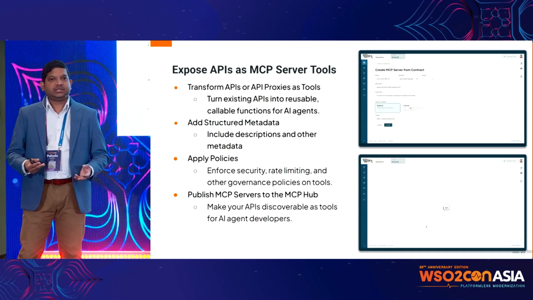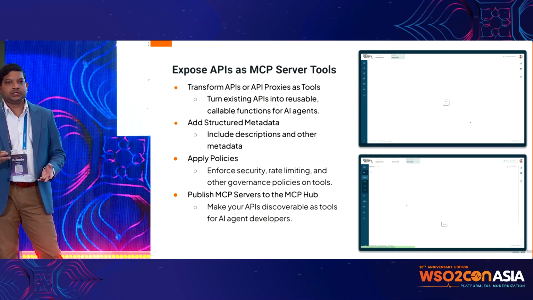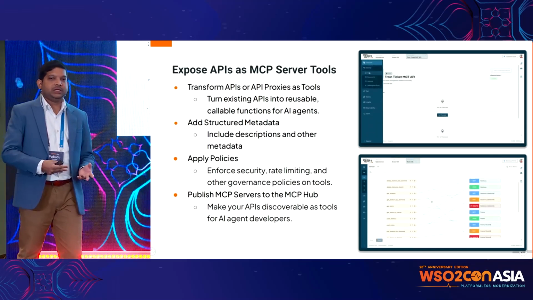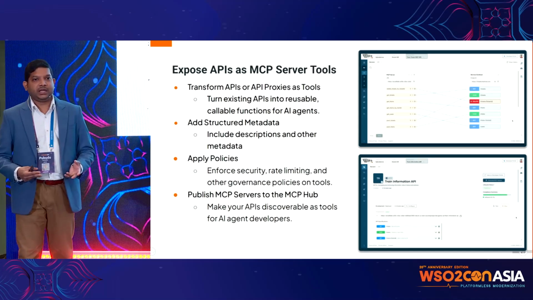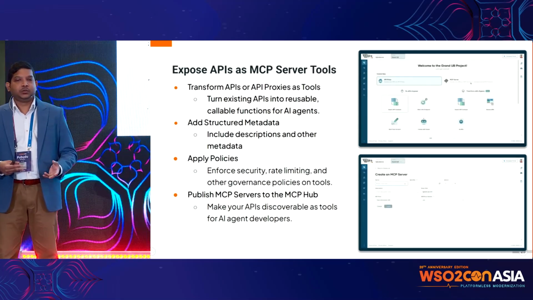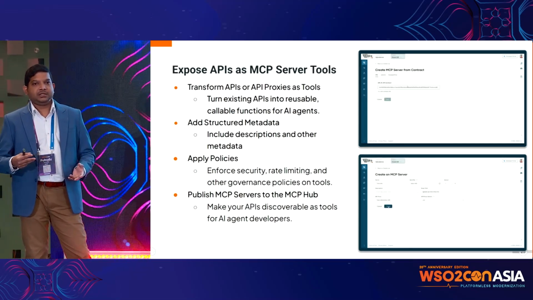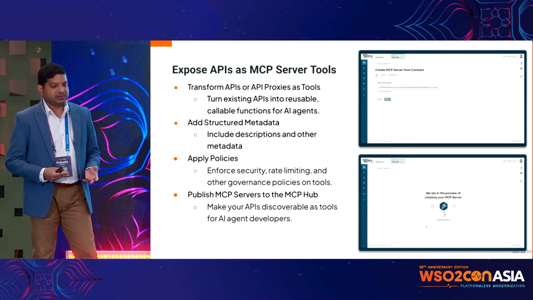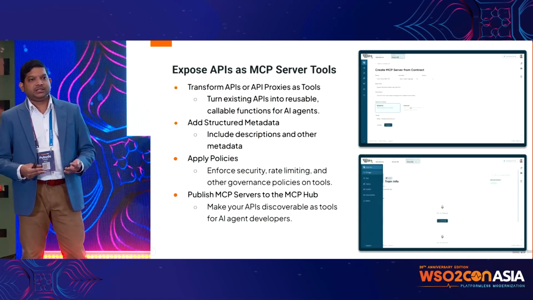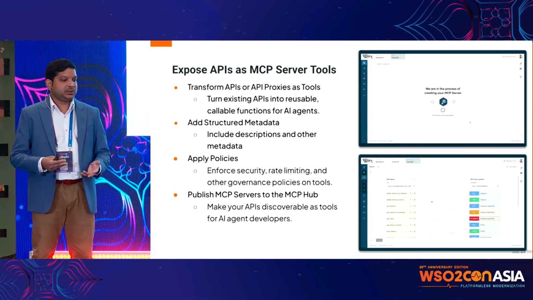These descriptions are very important, because they will be used by AI agents to understand what this tool is doing and how it is functioning. So you have to add these descriptions to the MCP server so that AI agents can discover its usability. And then you can apply different policies like security and rate limiting for these MCP servers as well.